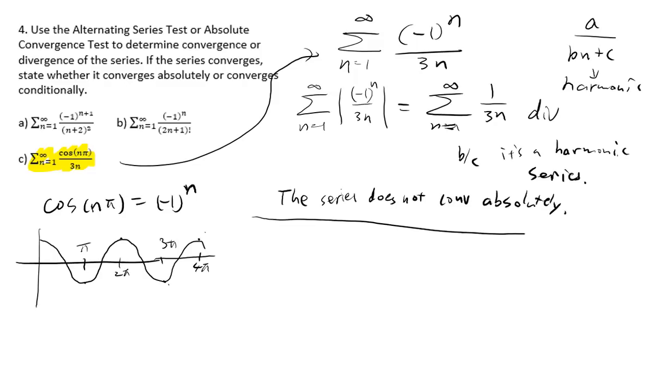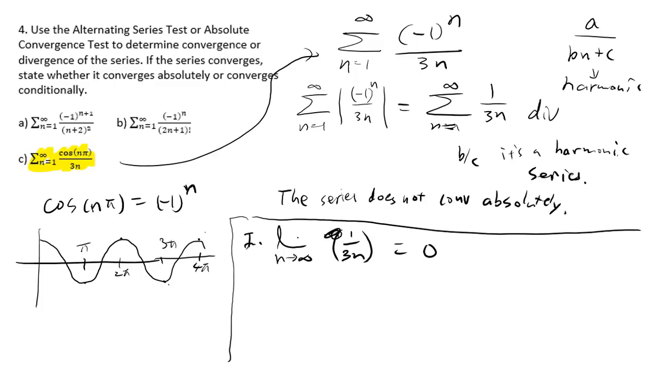So let's see if the alternating series test works. What's the premise of the alternating series test? First you have to show that the limit as n goes to infinity of a_n, the one without the sign, has to be equal to 0, which is obvious, right? 1 over infinity is 0.